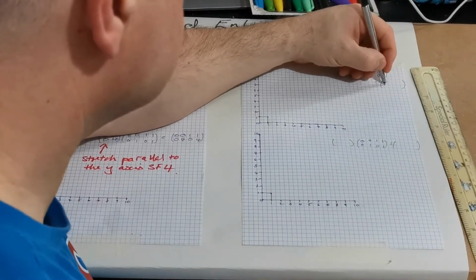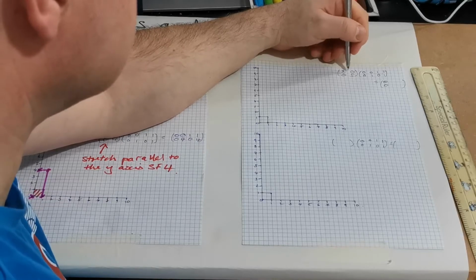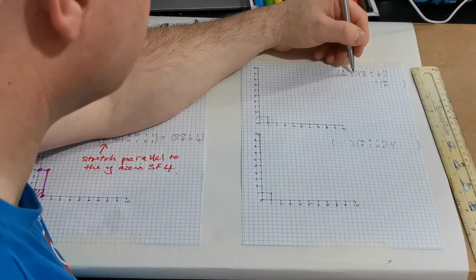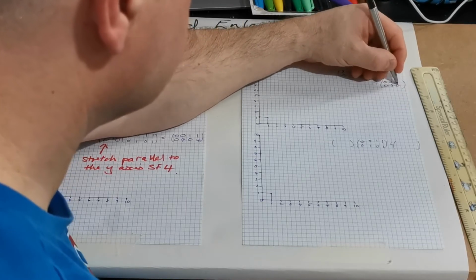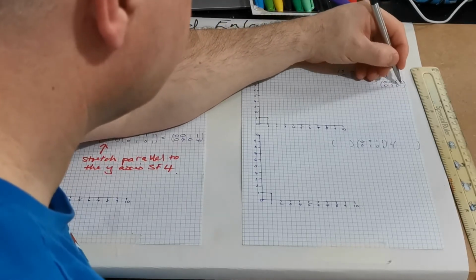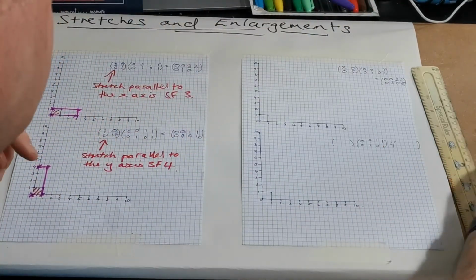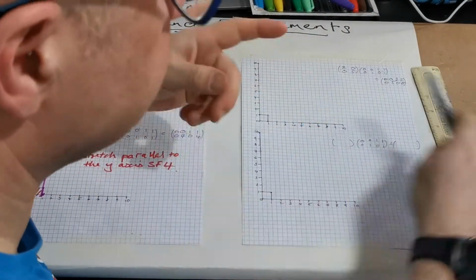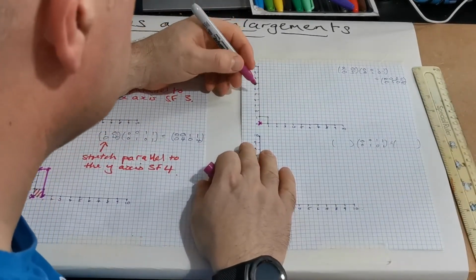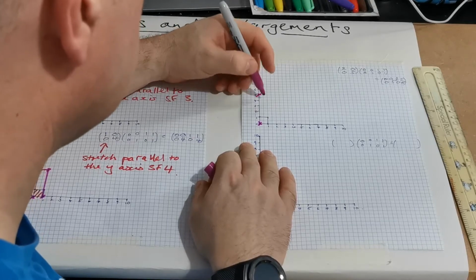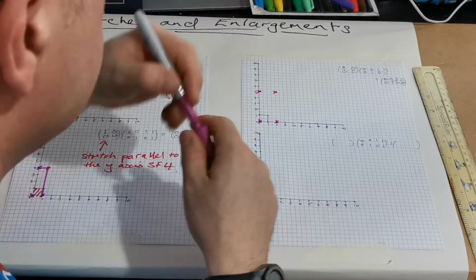So I've got 0, 0. Remember, this one will double the x's, and this one will times the y's by 5. 0, 5, 2, 0, 2, 5. So I've got 0, 0, 0, 5, 2, 0, 2, 5.